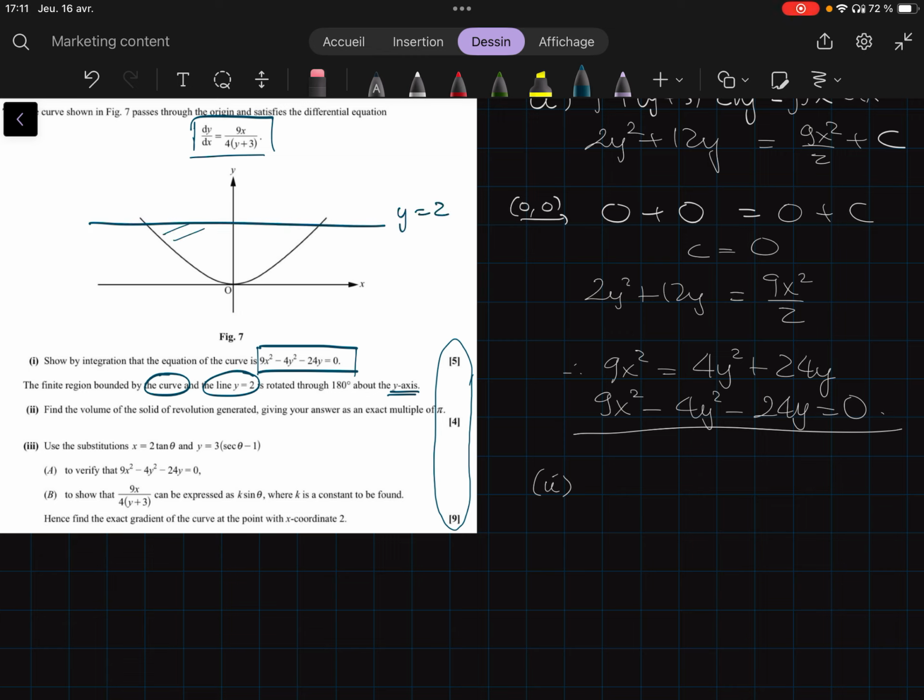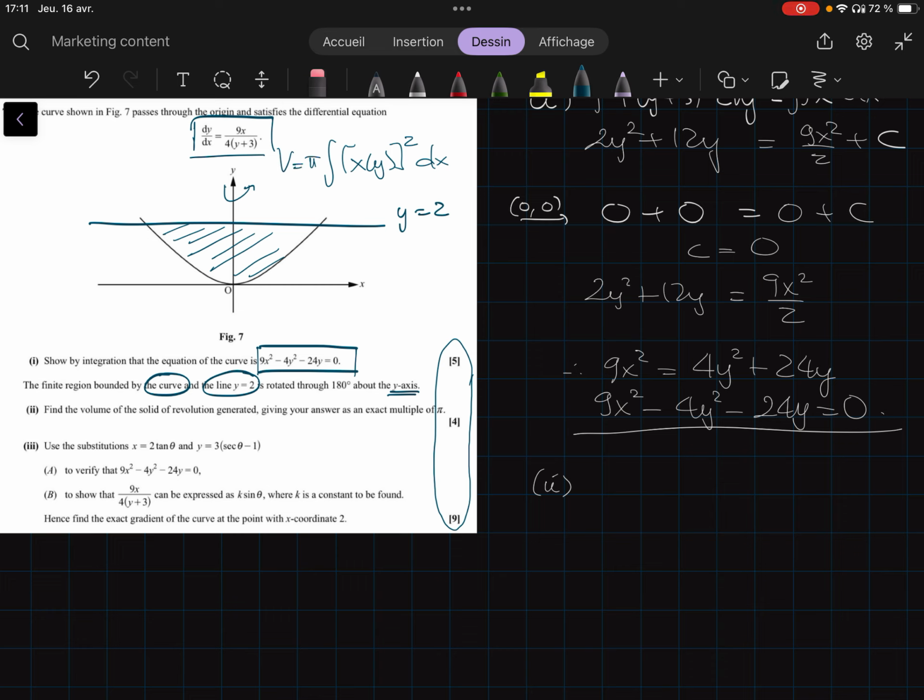So this is the region. Okay. It is rotated about the y-axis. This means that we need to get an expression. We need to get x in terms of y. So this will be the volume of the solid that we're looking for.